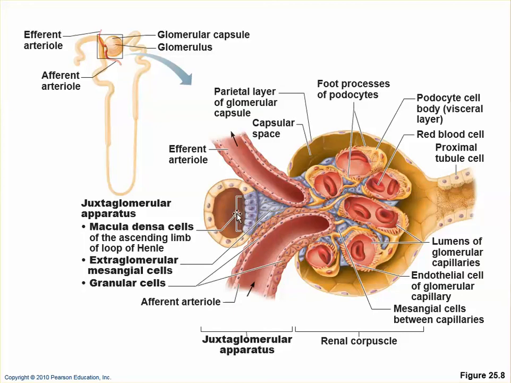So the stretch in here causes these cells to cause constriction here to reduce the pressure going into the glomerulus, so that less filtrate is formed, everything moves down the tubules more slowly, and more is reabsorbed. By the time the filtrate gets to here, there's less of it, which means there's not as much stretching, not as much pressure, which then causes this to relax and dilate, allowing more blood and more pressure going in here.